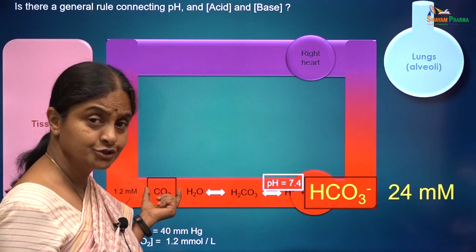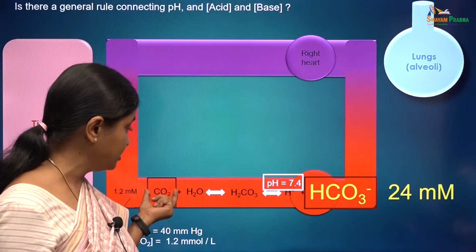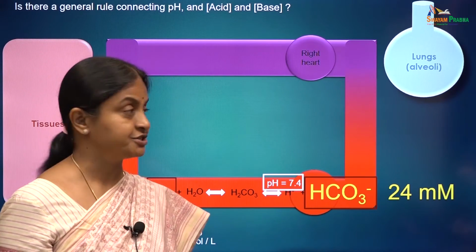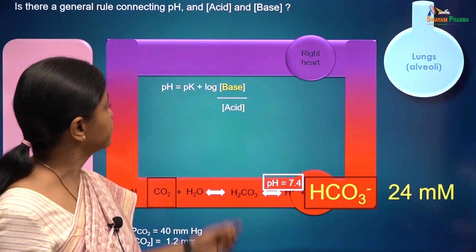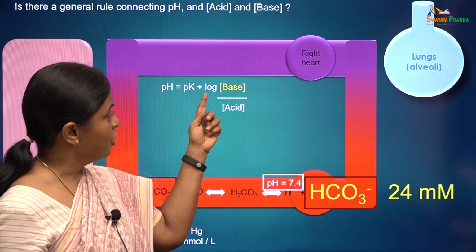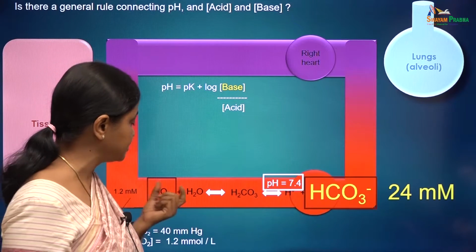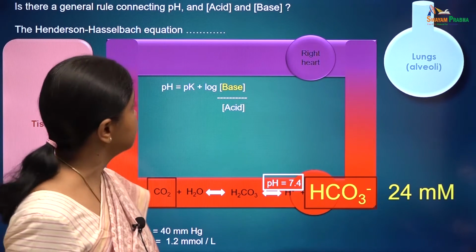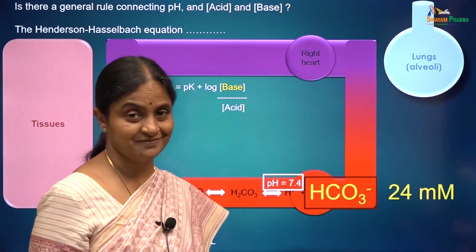Is there a general rule relating carbon dioxide concentration, bicarbonate concentration and the resulting pH? The rule is pH is pK plus log concentration of base over concentration of acid. This is the Henderson-Hasselbalch equation.